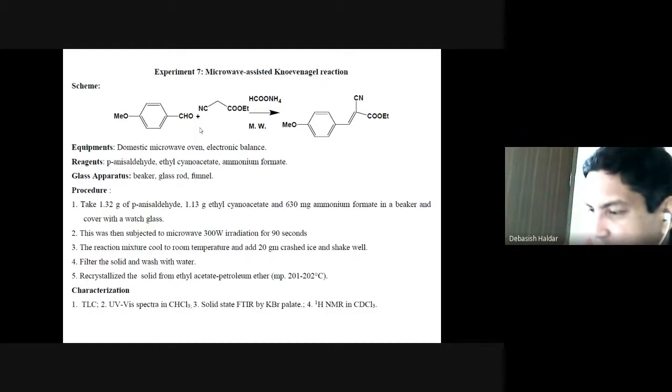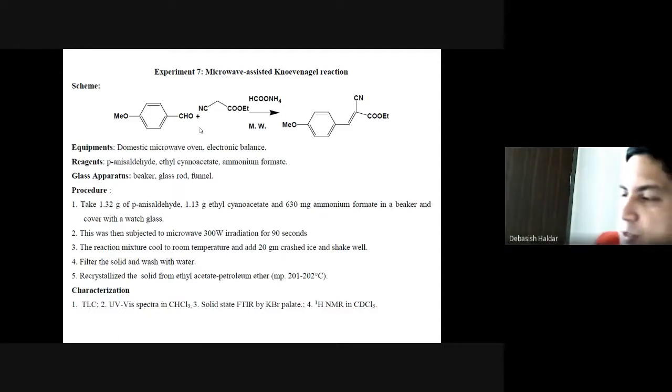And so you need to be careful to take out that pot after the microwave completed its work. And so that's about microwave assisted synthesis, how microwave works and everything.